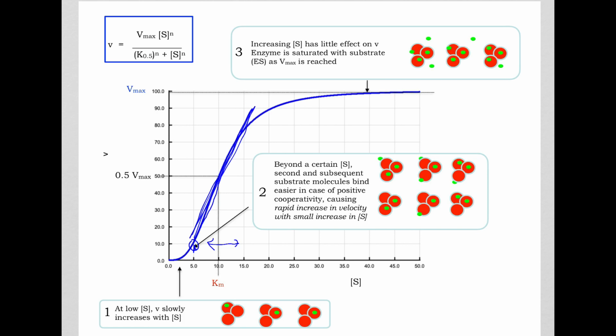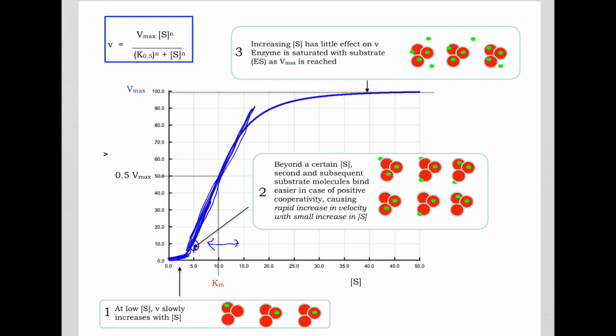So this is the dramatic difference, a major difference between the sigmoidal curve and the hyperbolic curve. Very slow increase at the beginning, and suddenly the velocity shoots up.